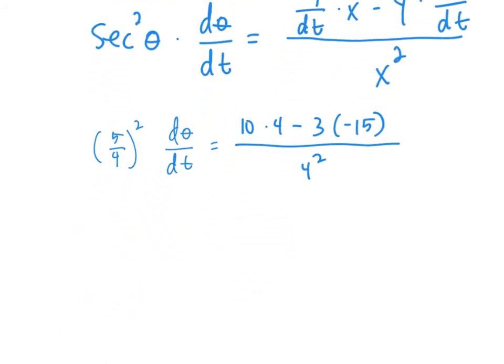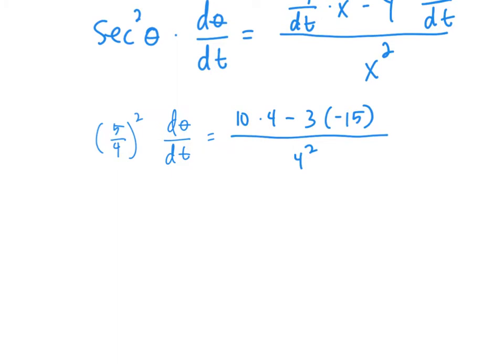Okay, so now let's simplify this. So this is 25 over 16. This will be 40 plus 45 over 16.